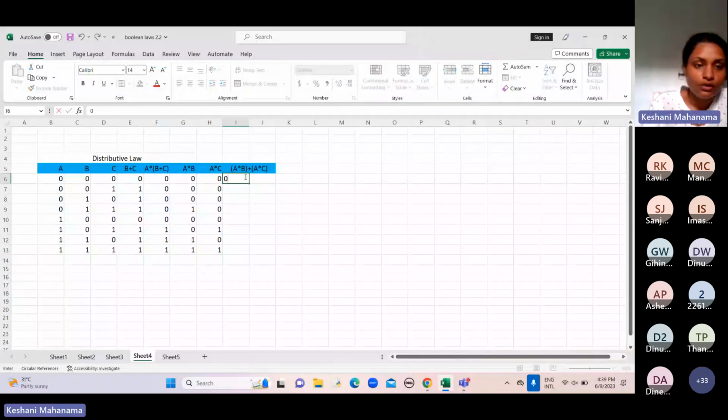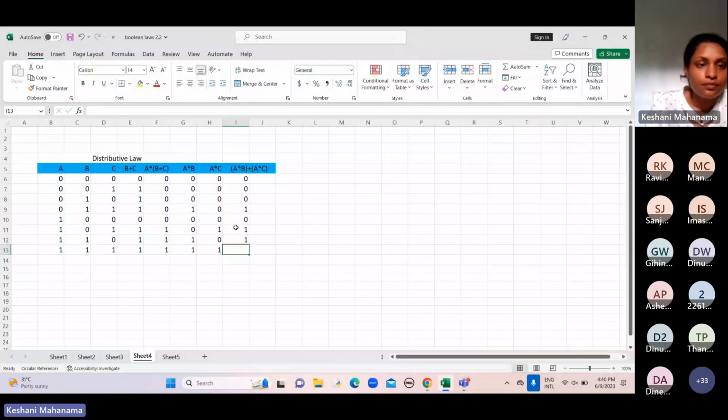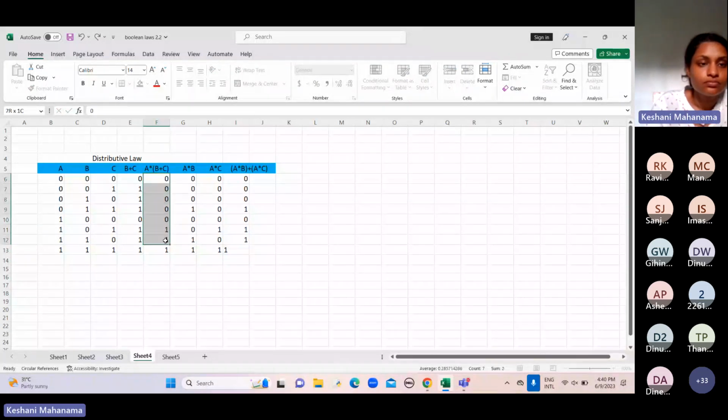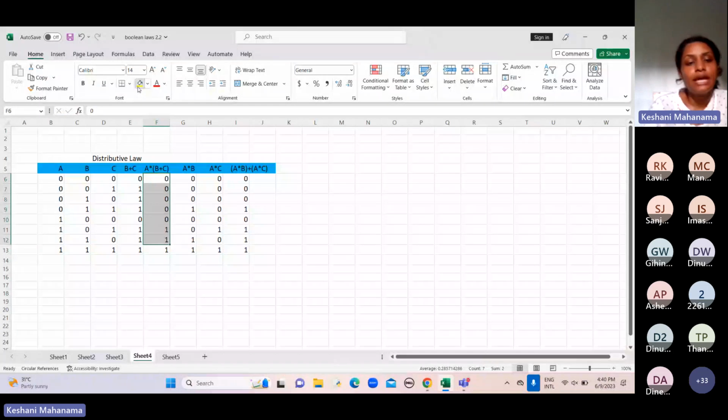I have to look at only these parts. 1, 1 and 1. So now you can see the output of a into (b plus c) is equal to a into b plus a into c.